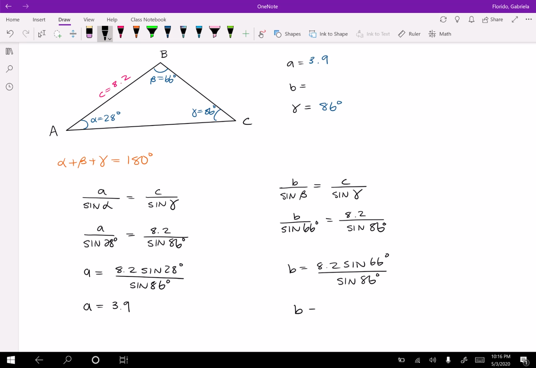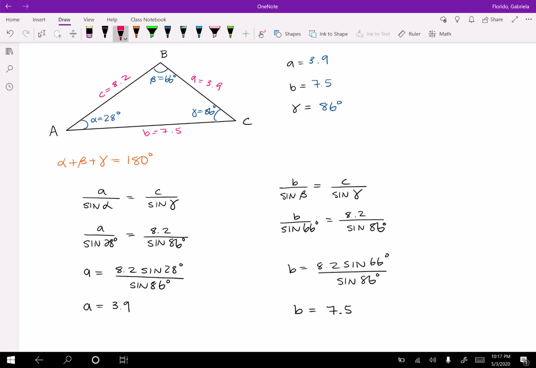Let's plug that into our calculator. We get 7.5. And so now we found all of the things that we were asked for. Okay, so we know that little a is equal to 3.9 and little b is equal to 7.5.